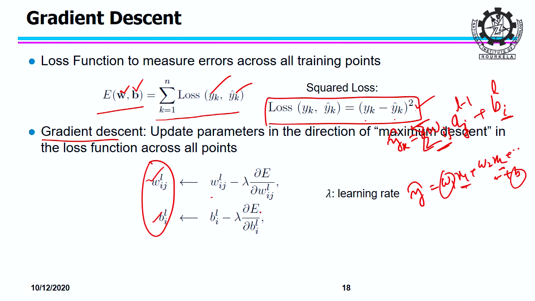Essentially these two are the same, but they look different because the variable is different. Let us say w_ij is a variable. The new value is the old value minus lambda, where lambda is the learning parameter, times the gradient with respect to the variable w_ij, and similarly with respect to the other variable b_i.